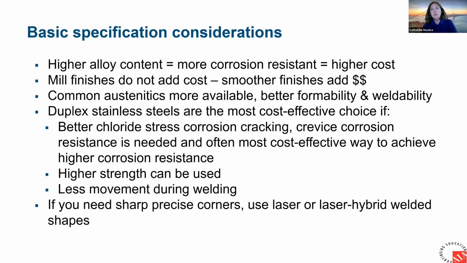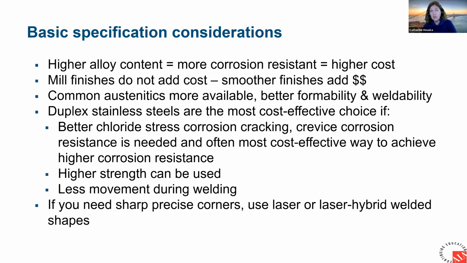Mill finishes, the standard rough mill finish, generally pickled and abrasive blasted, that you get does not add to the cost. But that is a rough finish. And if you, for either aesthetic reasons or for corrosion resistance reasons, need a smoother finish, that will add to the cost.